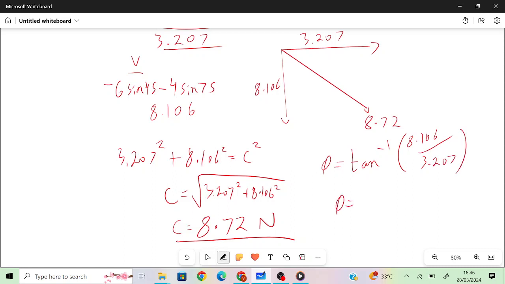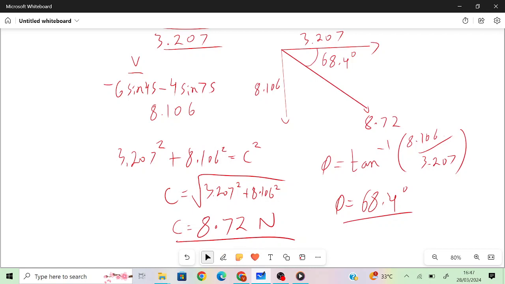And if you go ahead and do that, tan inverse of 8.106 over 3.207, that gives 68.4 degrees. So the resultant force is 8.72 newtons with an angle of 68.4 degrees to the horizontal.